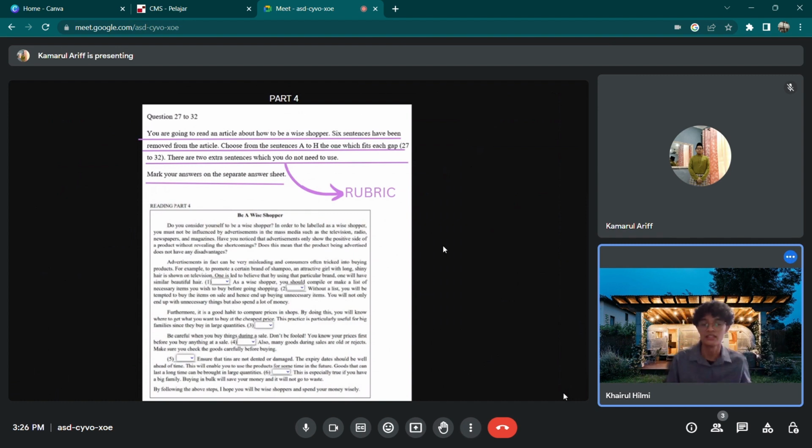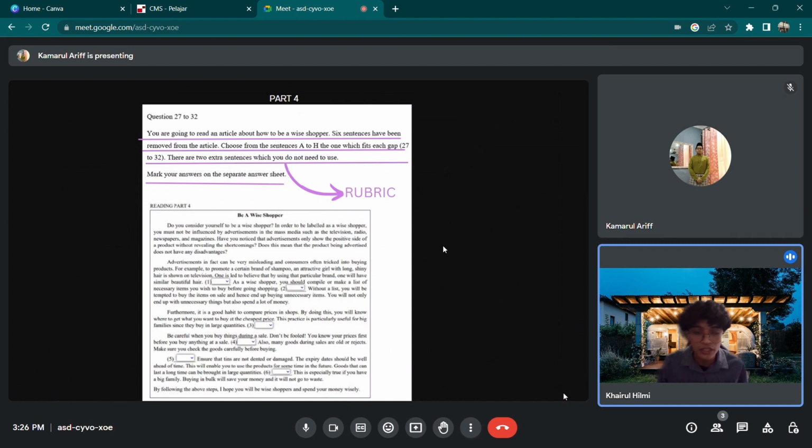I will present part 4 of paper 1. As you can see, there are 6 questions for this part, and the purple underline is the rubric or the questions, and you can see the article provided by us. This is for the BA1 shopper.